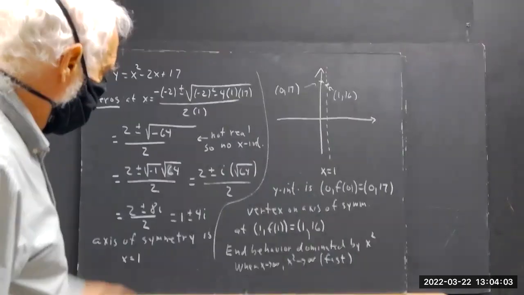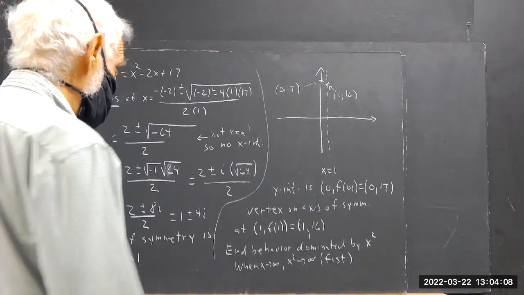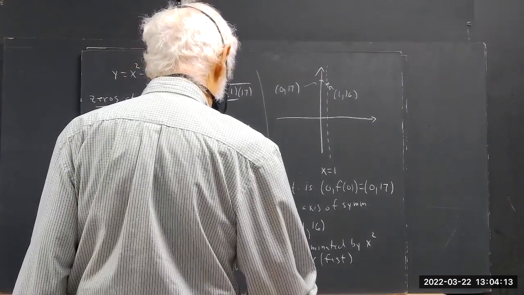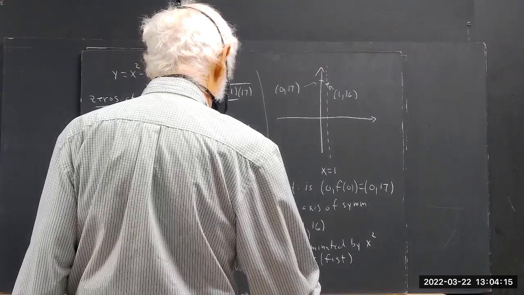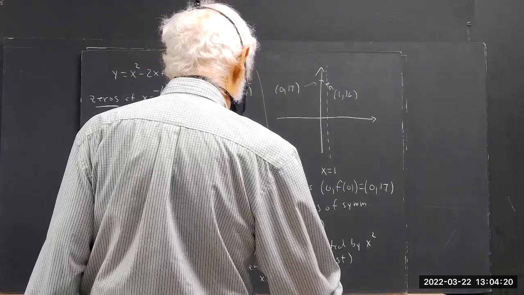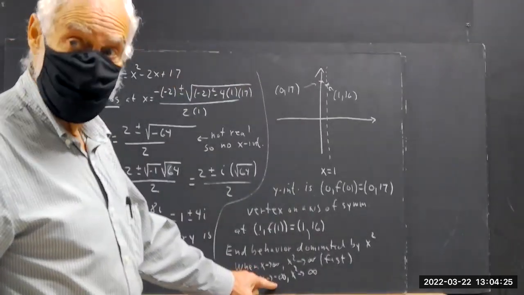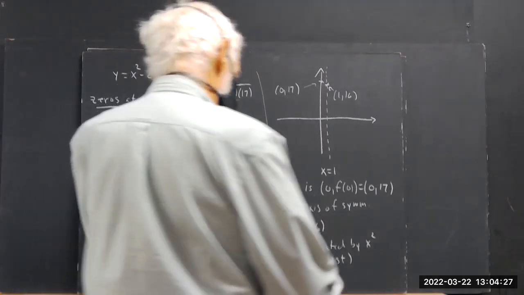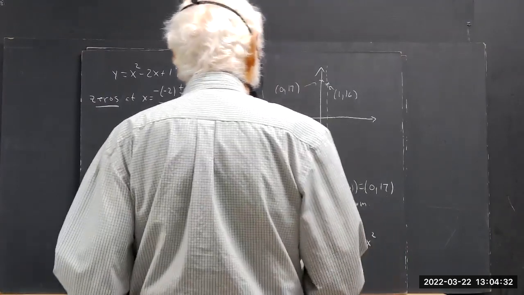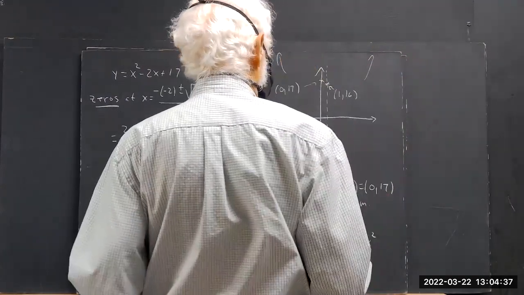So when x goes to infinity, x squared approaches infinity really fast. When x goes to negative infinity, x squared goes to infinity again, because when you square a negative number, it's positive. So the end behavior is that it goes up really fast here, and up really fast here.